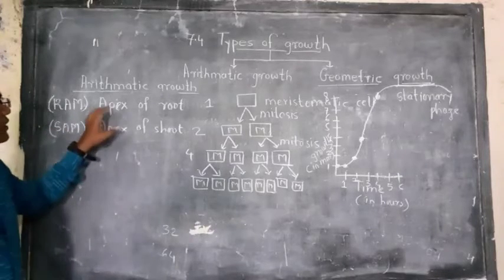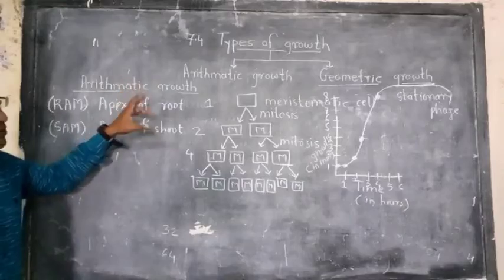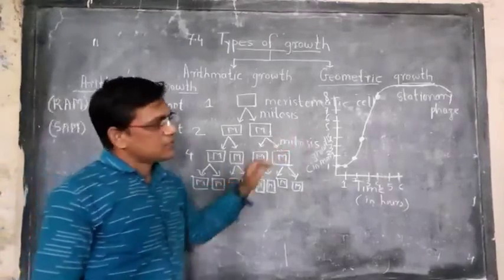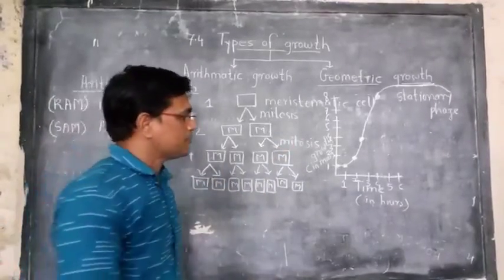That is where arithmetic growth takes place, and where does geometric growth take place?